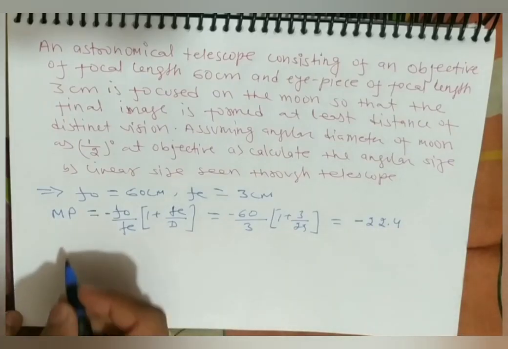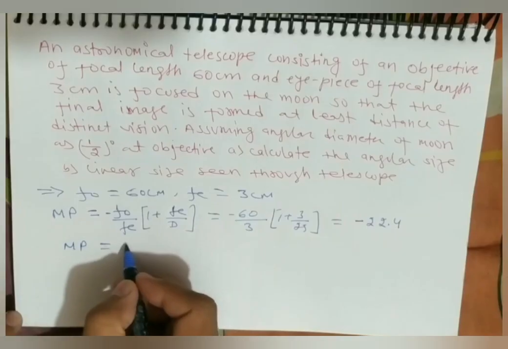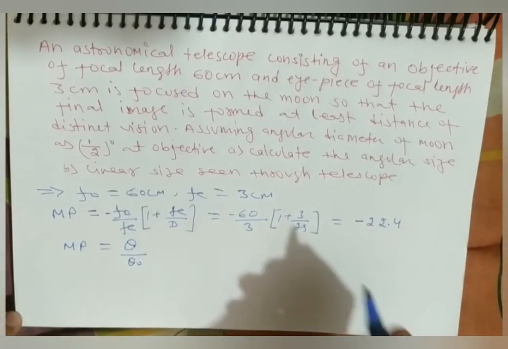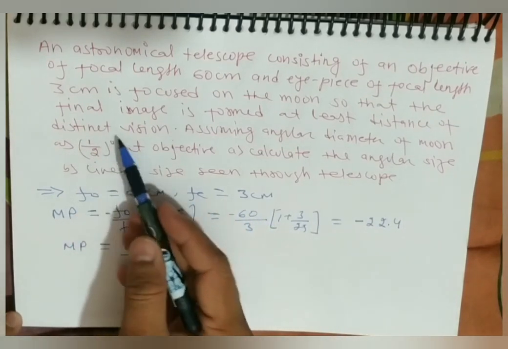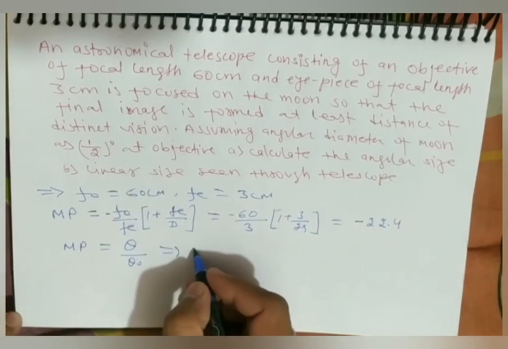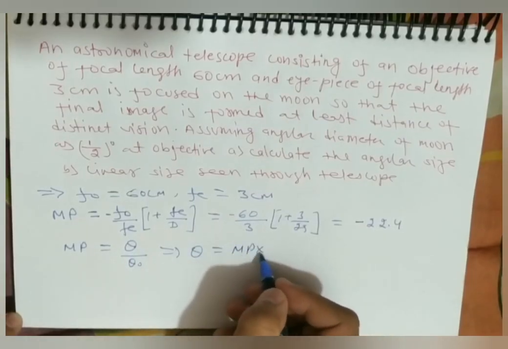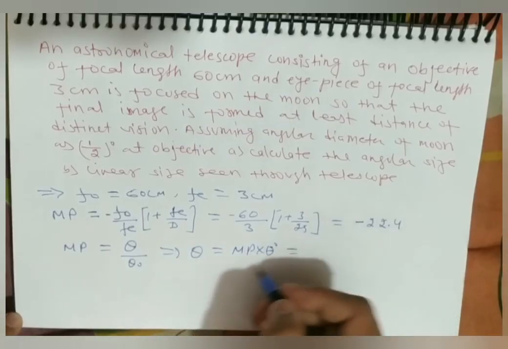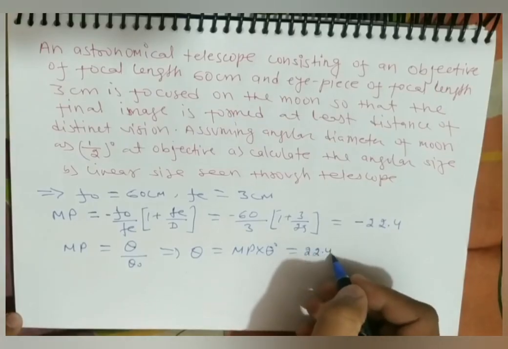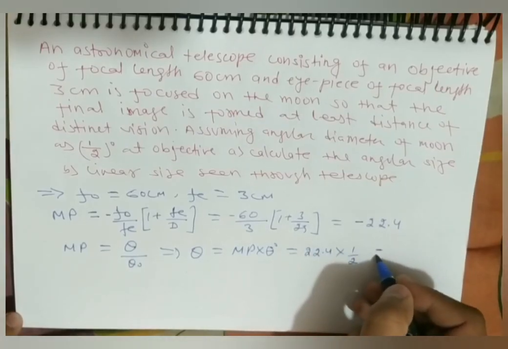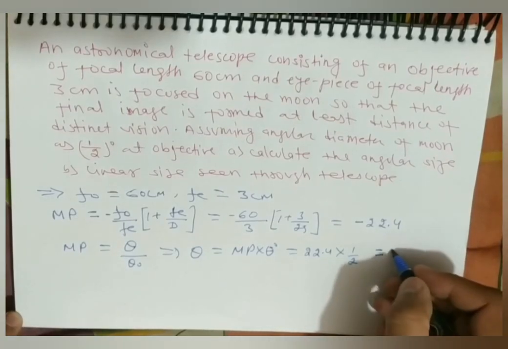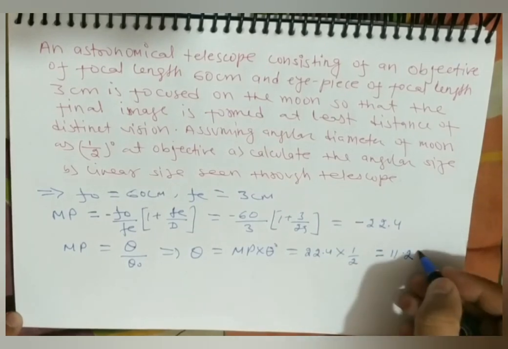This is the magnification. But we know that magnifying power is visual angle upon theta naught. Theta naught is given as half degree. So final angular size theta will be MP into theta naught, and if I take the magnitude, it will be 22.4 into half, then it will be 11.2 degree.